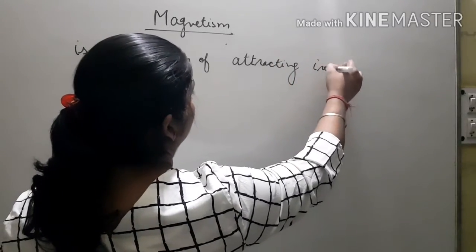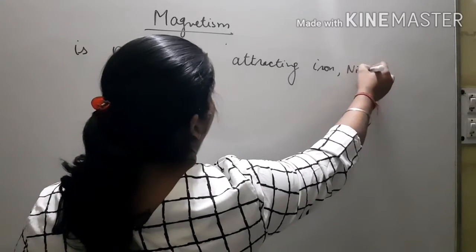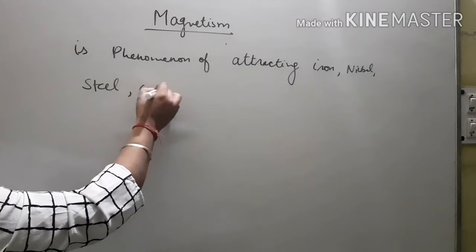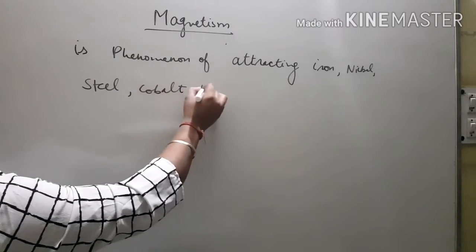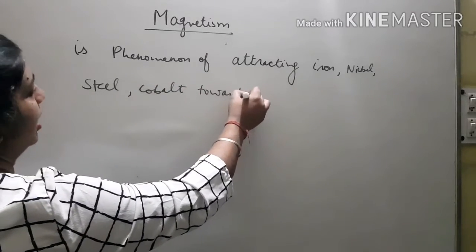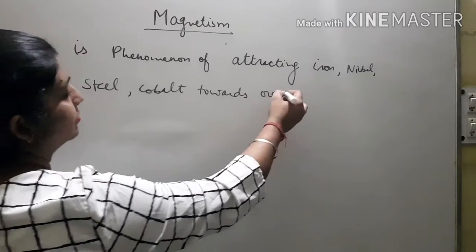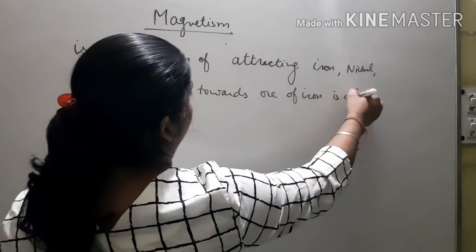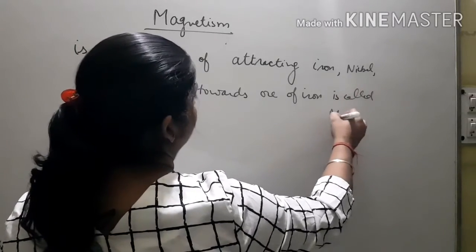So magnetism is the phenomenon of attracting iron, nickel, steel, cobalt towards the ore of iron, and it is called magnetism.